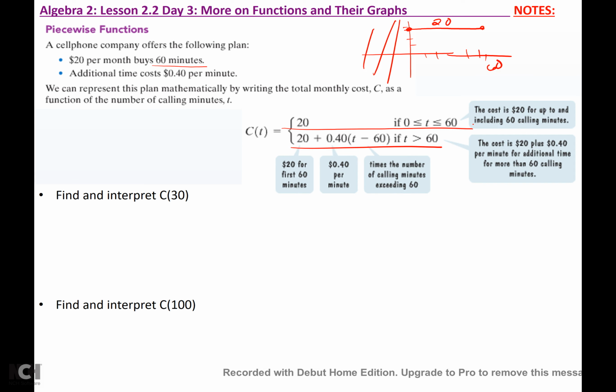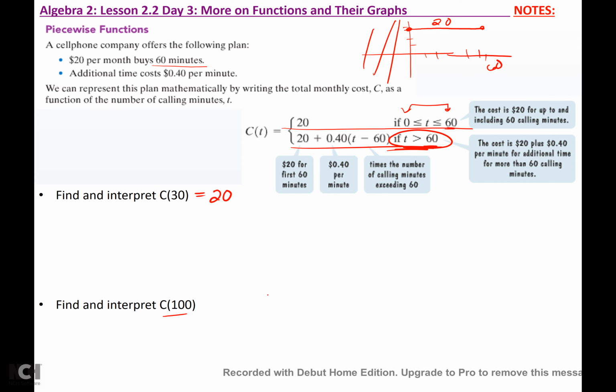One says find and interpret C of 30. 30 is between 0 and 60 minutes, so that's only going to cost me $20. 100 is more than 60 minutes, so I have to use this function because my time is bigger than 60.